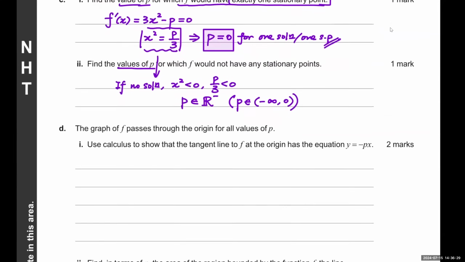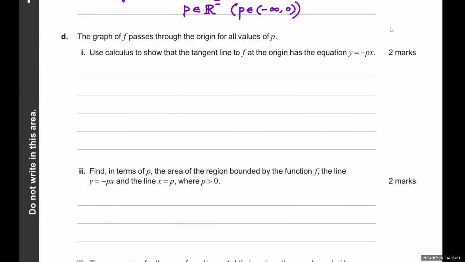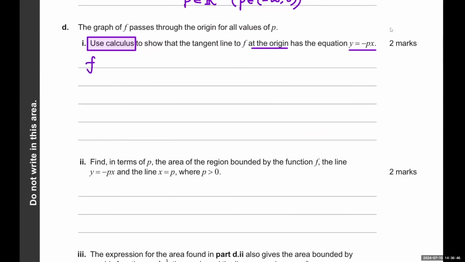All right, next, the graph of f passes through the origin for all values of p. This phrase is important. Use calculus to show that the tangent line to f at the origin has the equation y equals minus px. So firstly, you probably need to show your substitution, let's say 3x squared minus px. Because my tangential point is at the origin, f dash of 0 equals, oh, by the way, I wrote an extra x here, it should be just minus p.